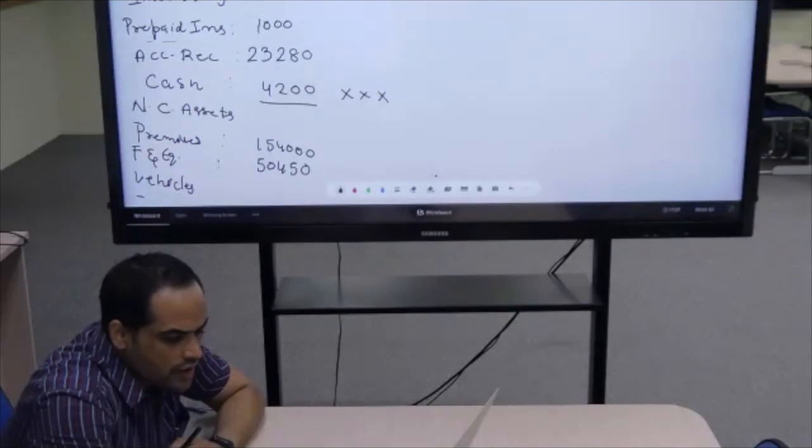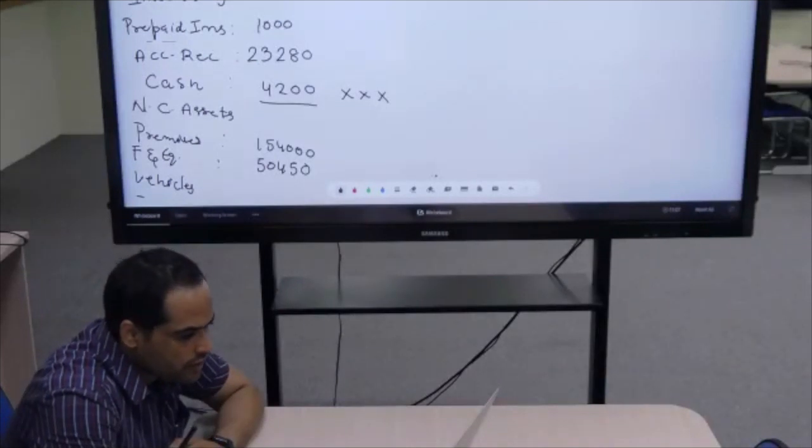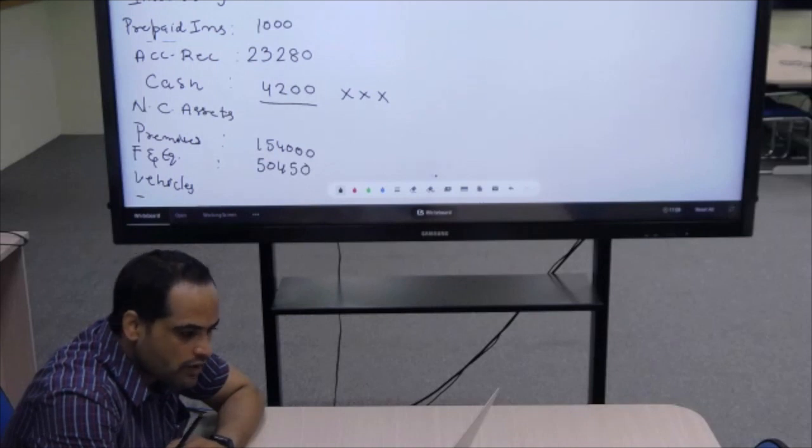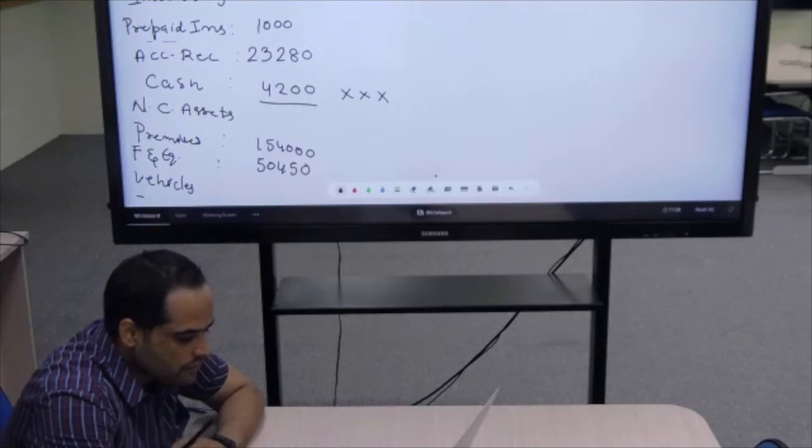Your furniture and equipments is 60,500 minus 4,000 minus 6,050. So balance is 50,450. And your motor vehicles balance is 40,000 minus depreciation, which is 3,200 minus 8,000. Balance is 28,800.